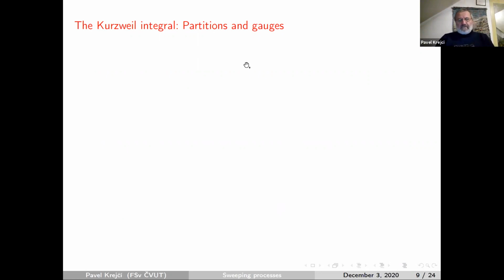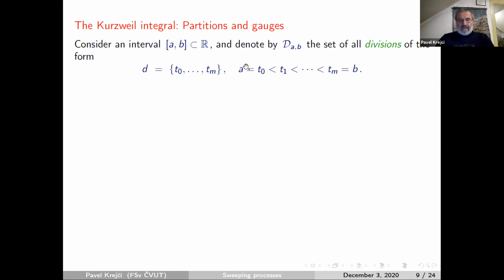The main ingredient of the Kurzweil integral is the concept of partitions and gauges. This is a kind of Riemann type integral in principle. The philosophy is very similar, but there is one substantial difference which I will emphasize in a moment.